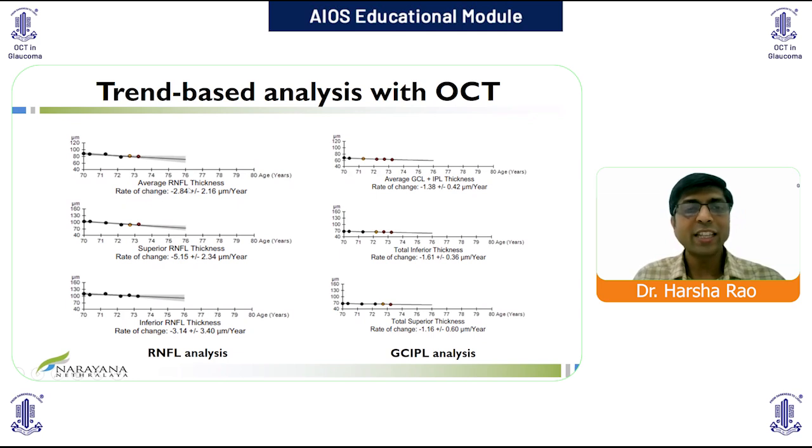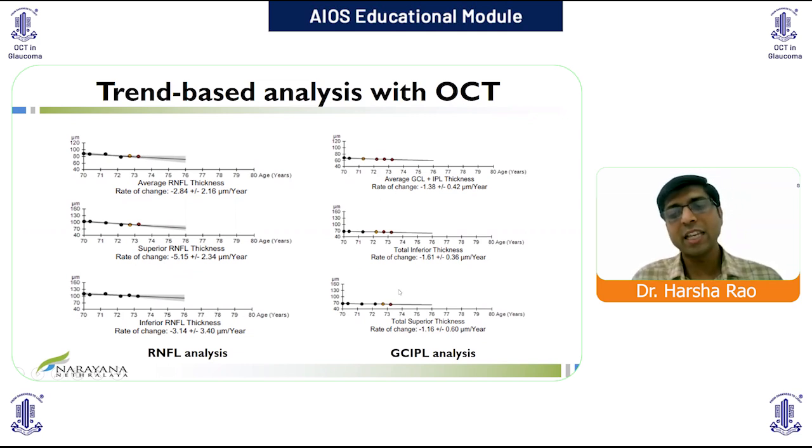And we also see the rate of change or the slope, as I said earlier. These are the measures which say that the average RNFL is reducing at a rate of 2.8 microns per year. The superior RNFL, in fact, is reducing at a faster pace of 5 microns per year. And the inferior RNFL is also thinning at a rate of 3 microns per year, is what the trend analysis of the RNFL is saying.